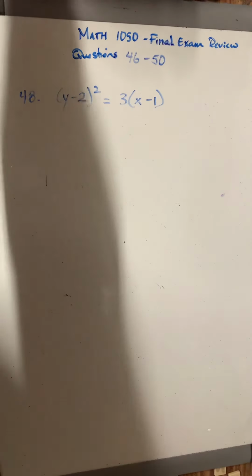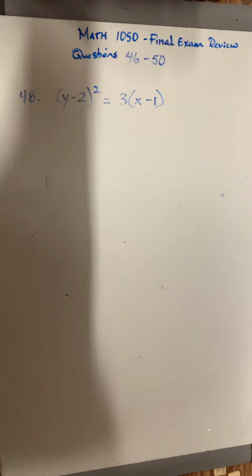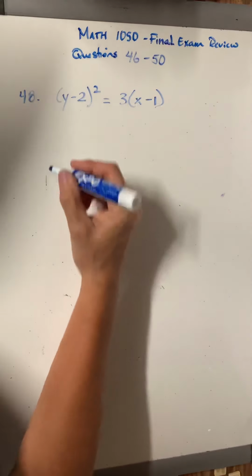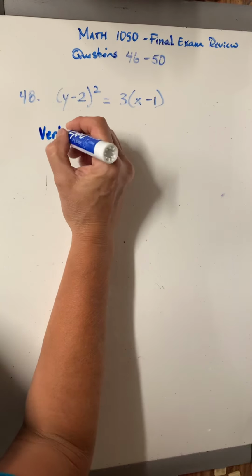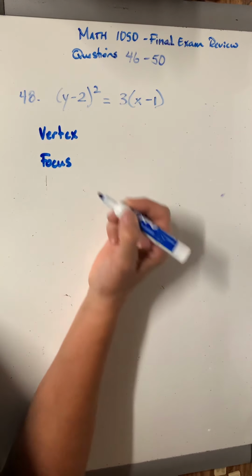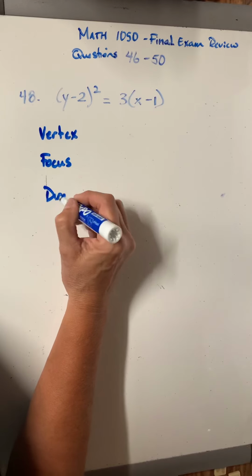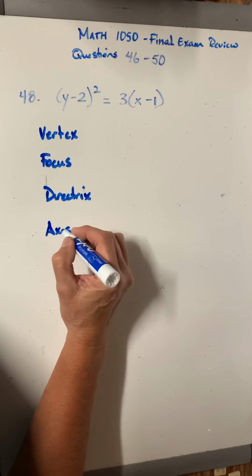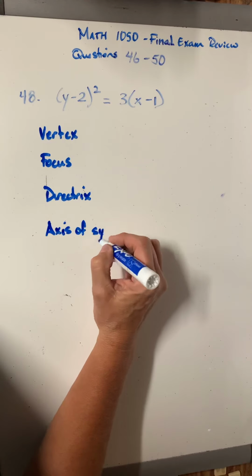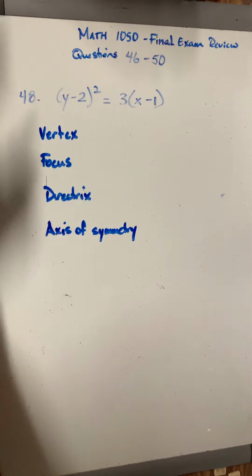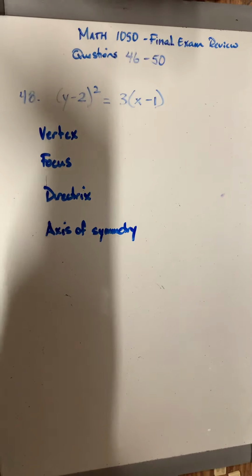My pen is running out of ink. Let's see if I can get another pen. So for this problem, they wanted me to find the vertex and the focus and the directrix and the axis of symmetry of this parabola.